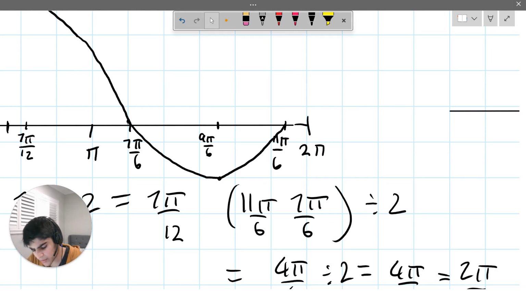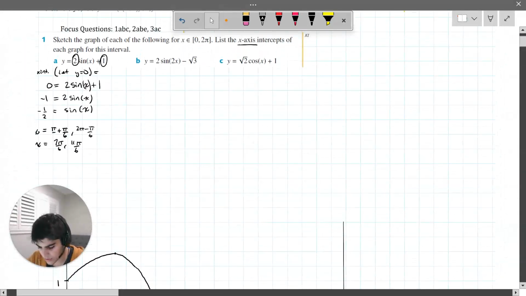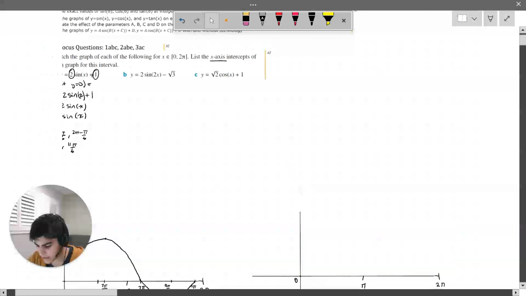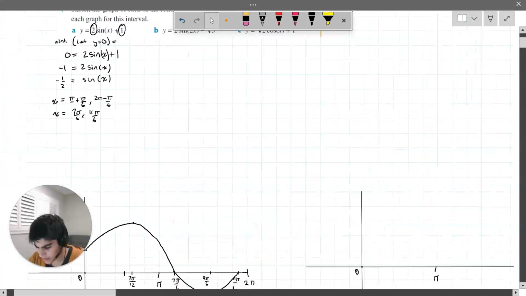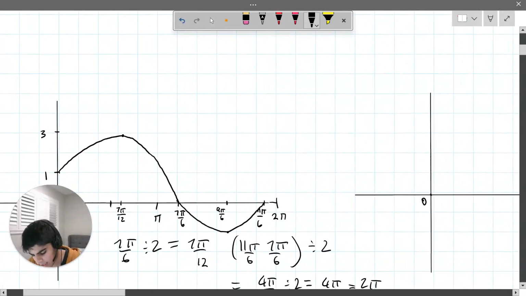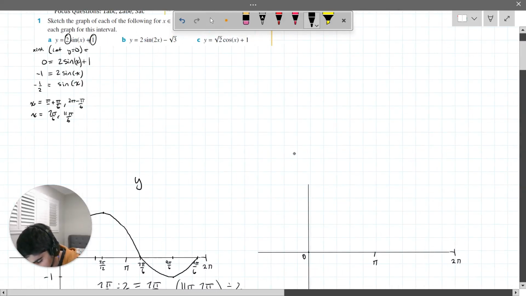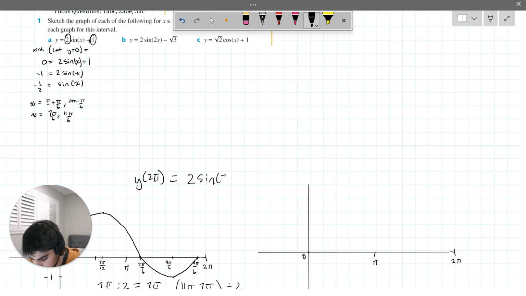Now, because our domain is constricted to 0 to 2 pi, let's find what the point is here at 2 pi. Now y of 2 pi equals 2 sine 2 pi plus 1.